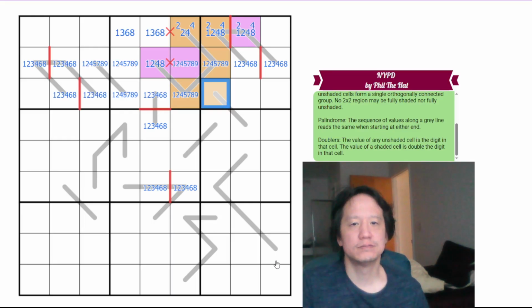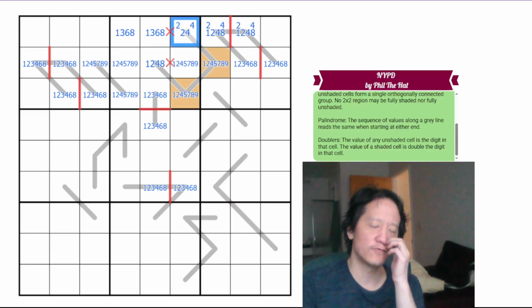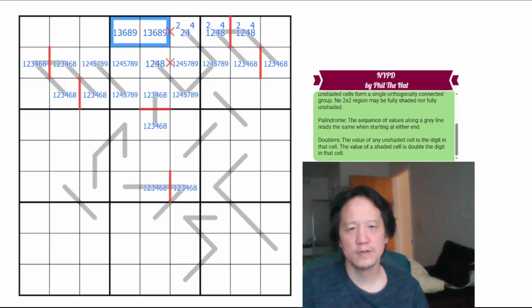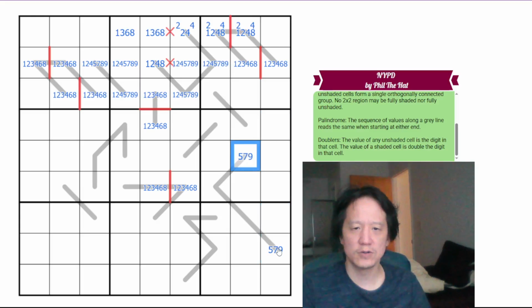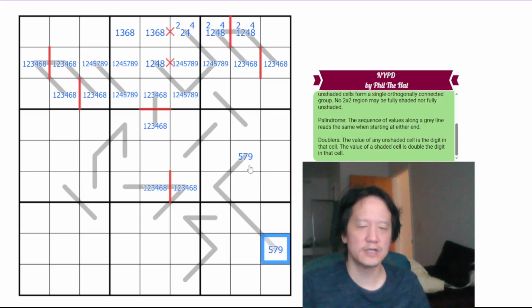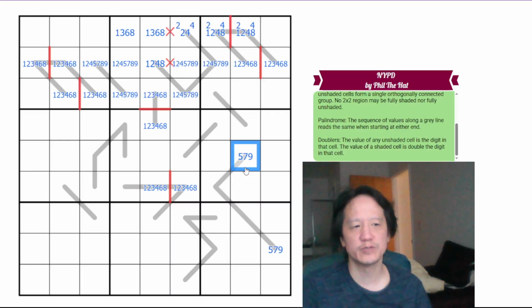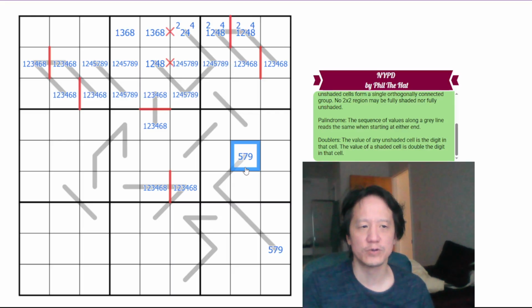So again, what happens if this is 5 7 9, 5 7 9? That's kind of what I was aiming for there. So if this is 5 7 9 here, this is the same digit here because it cannot be double of another digit. So it must be the same digit, either both double or both the same.